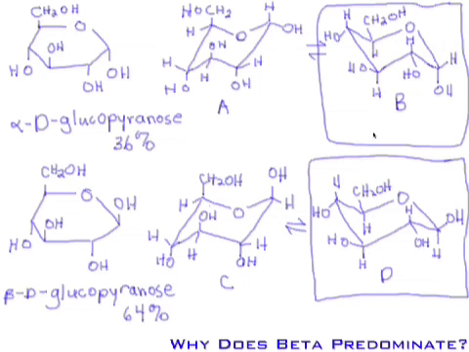Remember, this conformation is the lowest energy of the two possible. So beta-D-glucopyranose predominates because it gives you a chair conformer that minimizes the repulsive forces by placing the OH equatorial. You should be able to explain this by drawing the chair conformers.